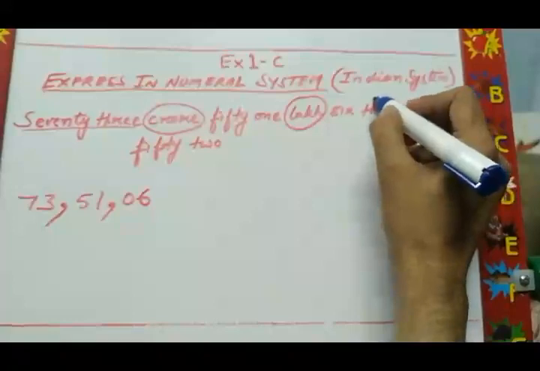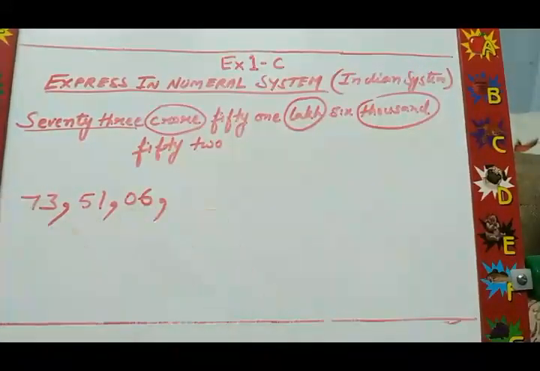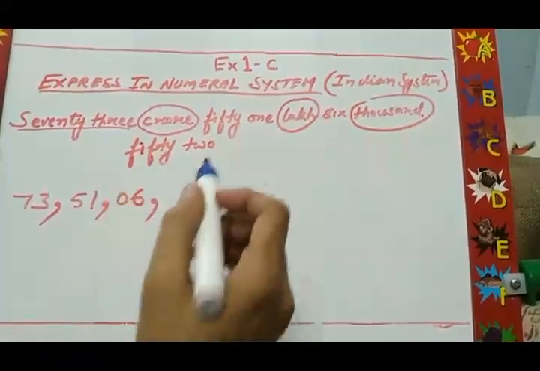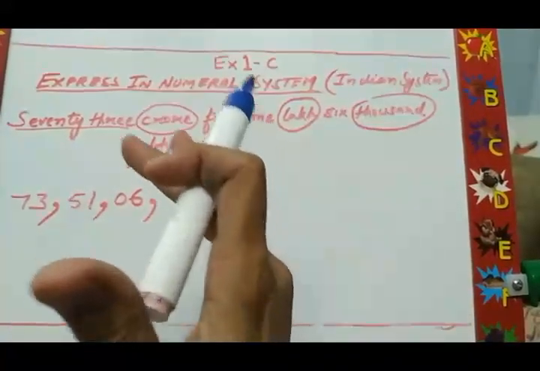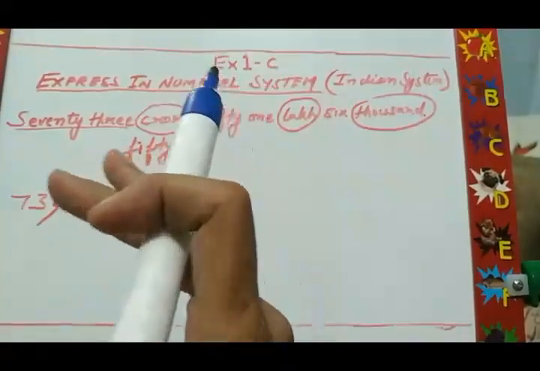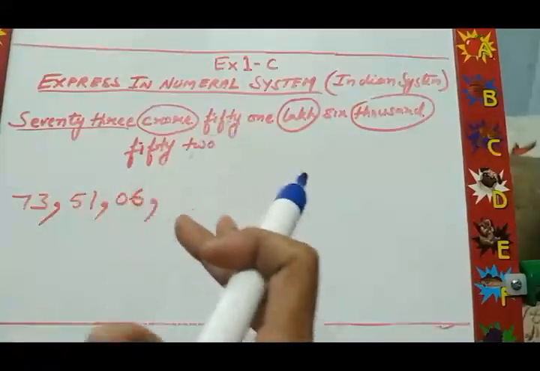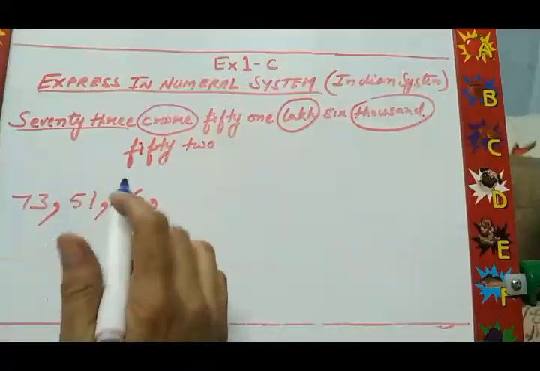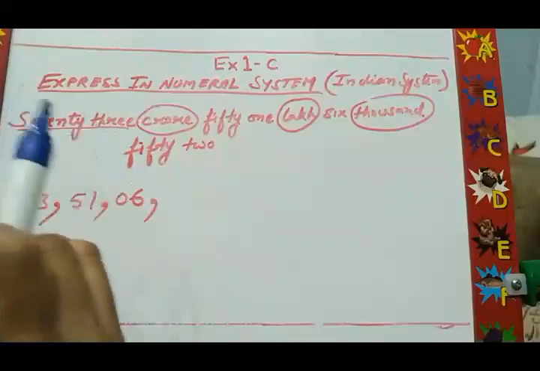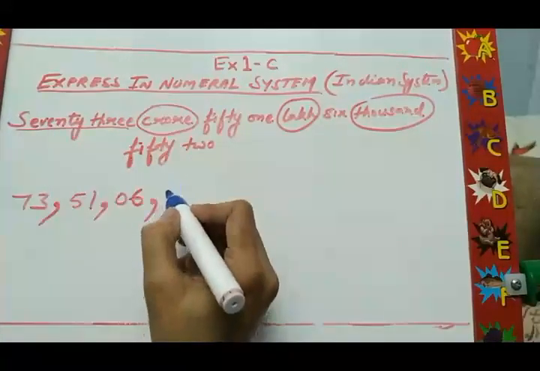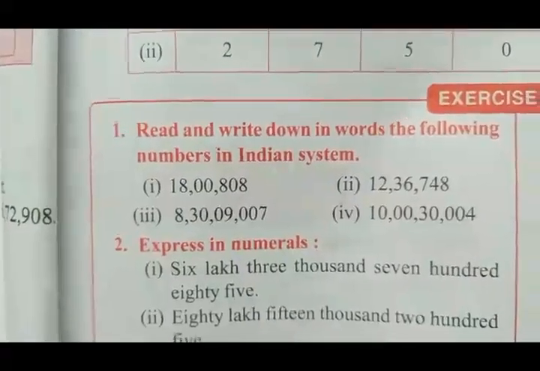Then here you can see 1000, it means it is a comma, so you will write a comma over here. Now moving on, 52. Again, here is a very important point to understand in the Indian system. The last ending digits should be 3 digits. If you find less than 3 digits, it means you will write 0 before the given digits. Here you can see 52, it is less than 3 digits, it means you will put 0 before 52, like this one, 052. Numbers 1 and 2 we have learned.